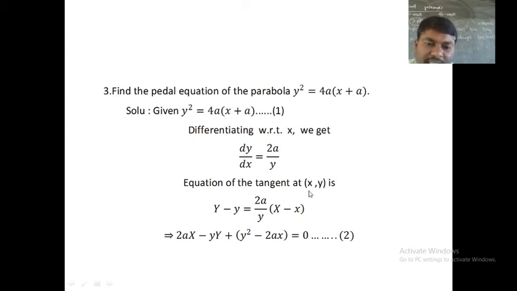Equation of the tangent at x, y is Y minus y is equal to 2a by y into X minus x. After simplification we get 2a X minus y into Y plus y square minus 2ax is equal to 0.